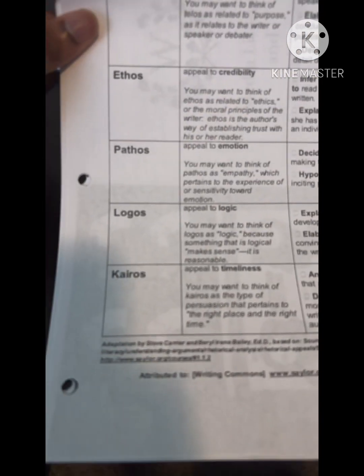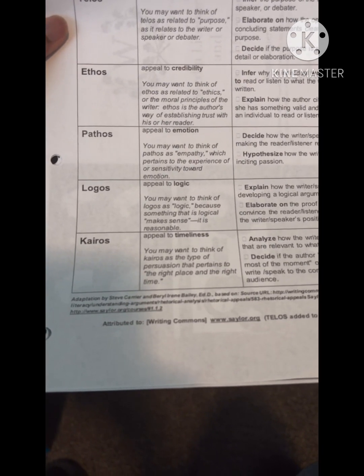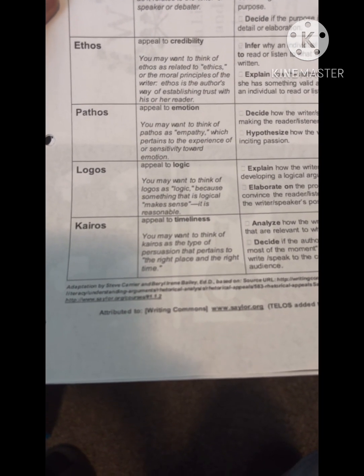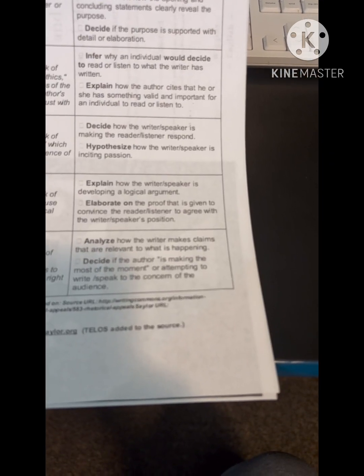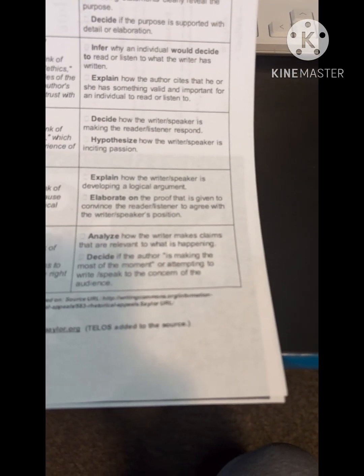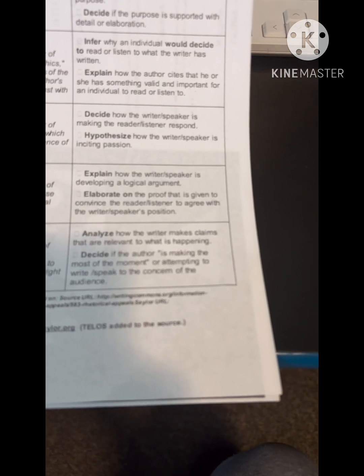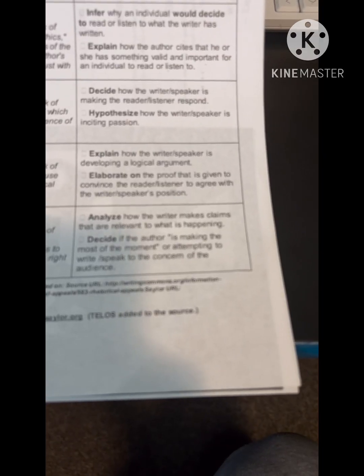And then for logos, we have appeal to logic. You may want to think of logos as logic because something that is logical makes sense. It is reasonable. Explain how the writer or speaker is developing a logical argument. Elaborate on the proof that is given to convince the reader or listener to agree with the writer or speaker's position.